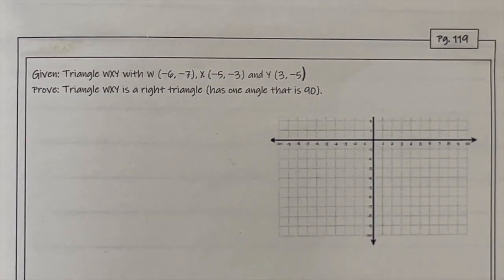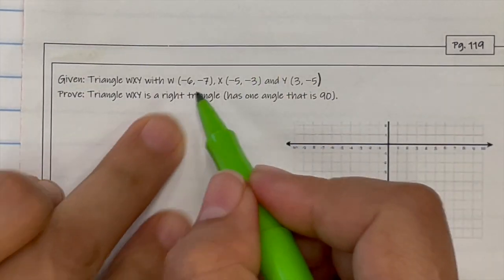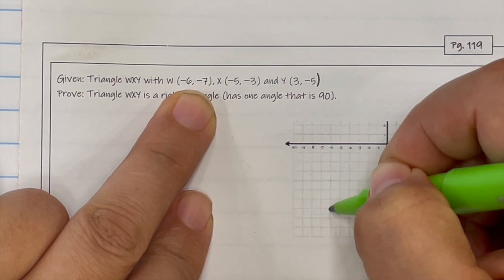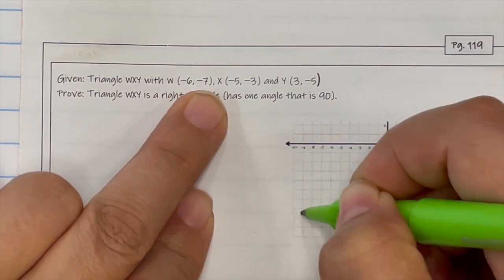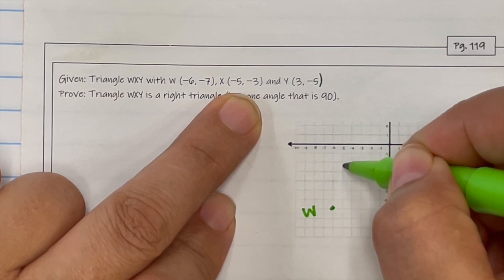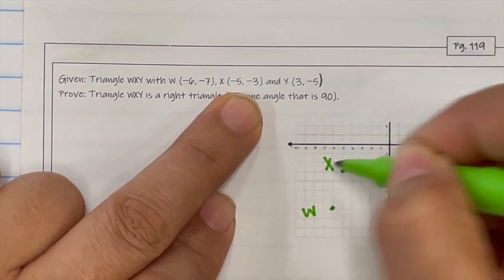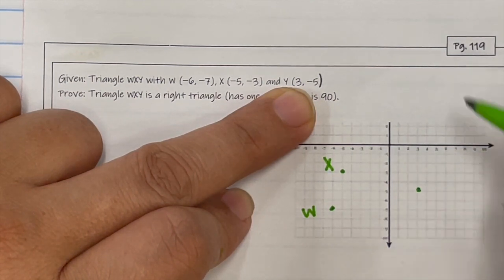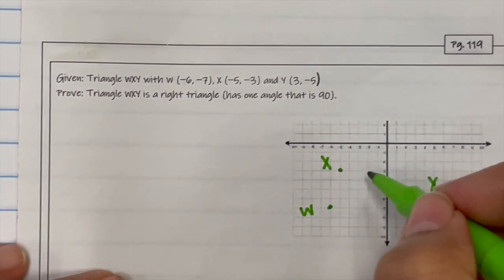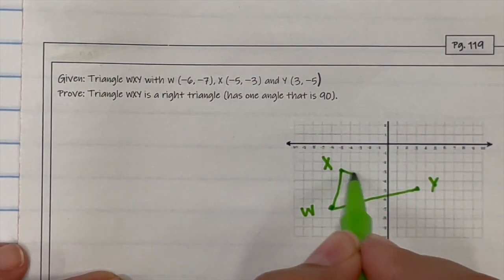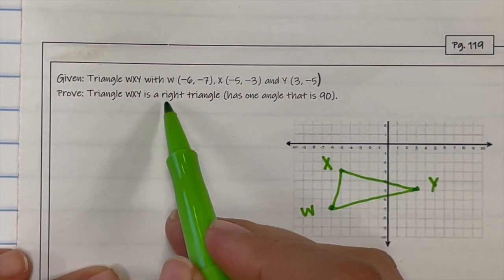So draw the figure is the first thing. -6, -7, label that W. -5, -3, label that X. And then 3, -5, label that Y. All right, so here's my triangle, and the question is, prove that it's a right triangle.